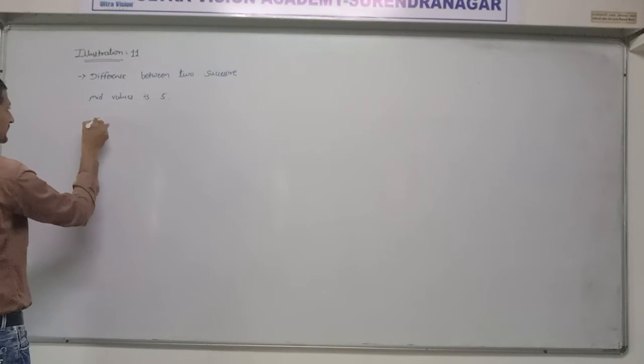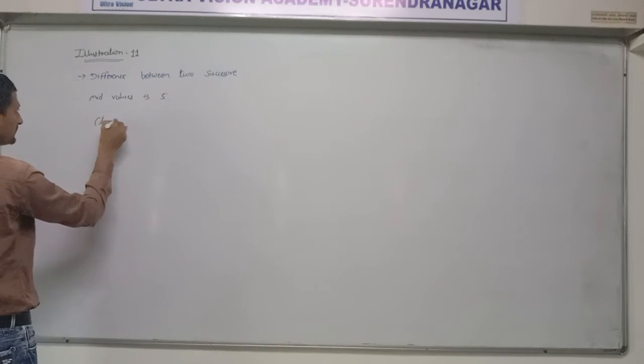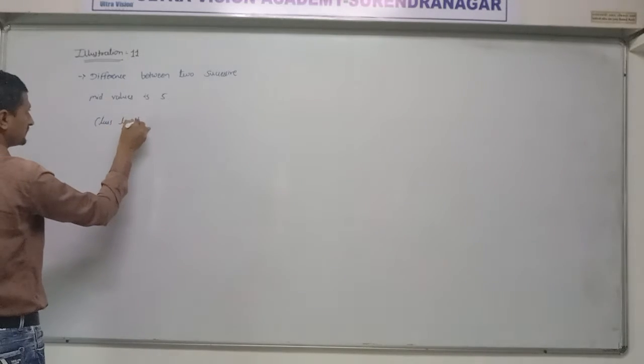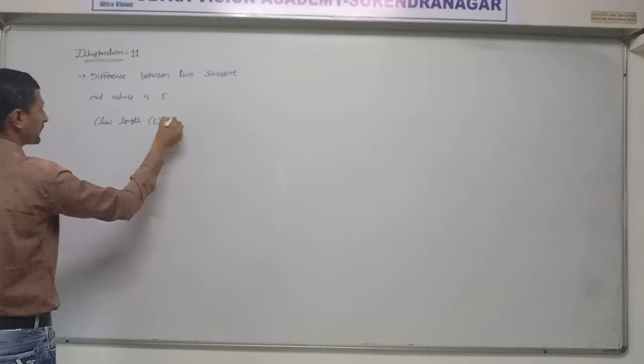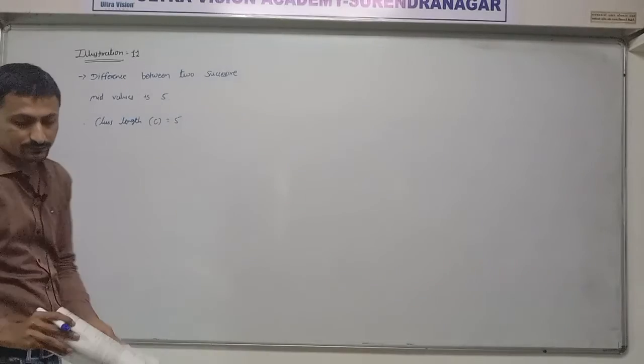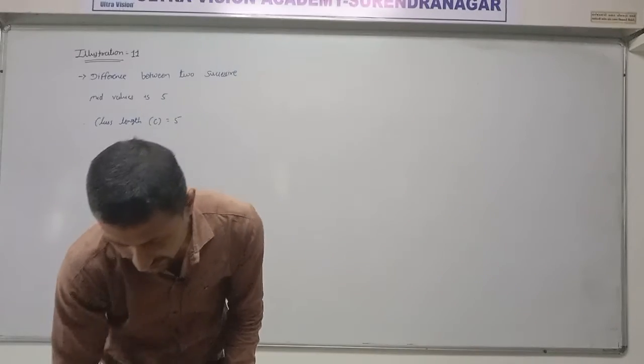So the class length, in bracket C, is equal to 5. Okay.